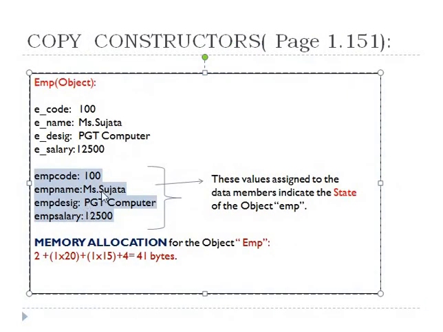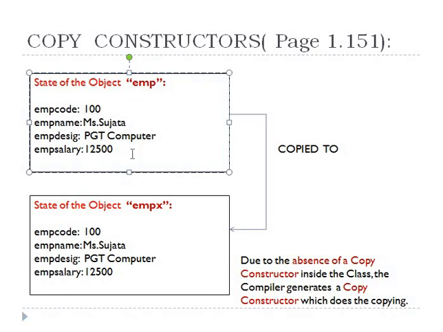That's why I get to see the current state of the object EMP with these values assigned to the data members, and this is the memory allocation that has been reserved for the object EMP. It comes to 41 bytes if we calculate it. So this is the current state of the object EMP, with these values being assigned into these 4 data members.